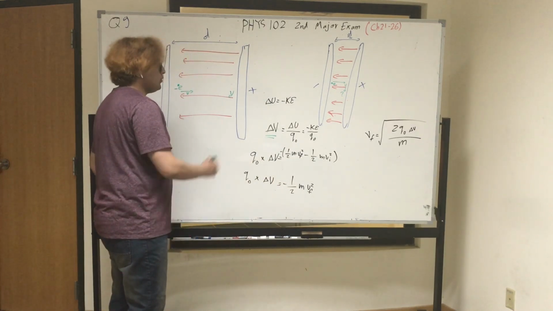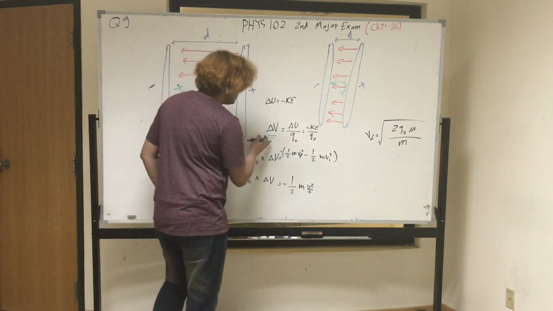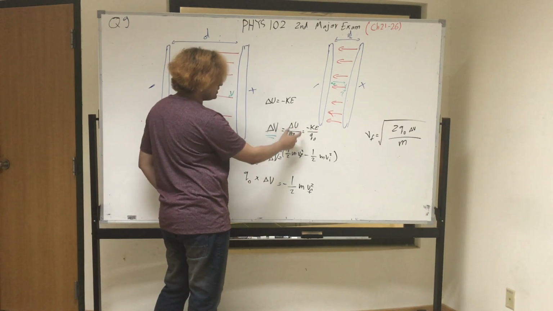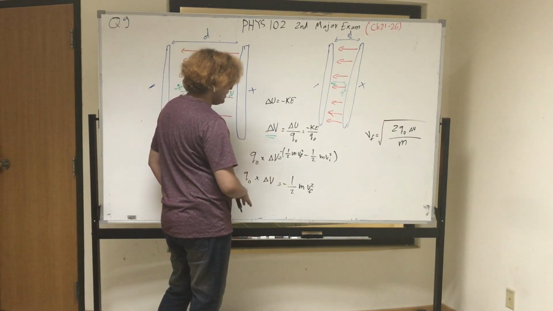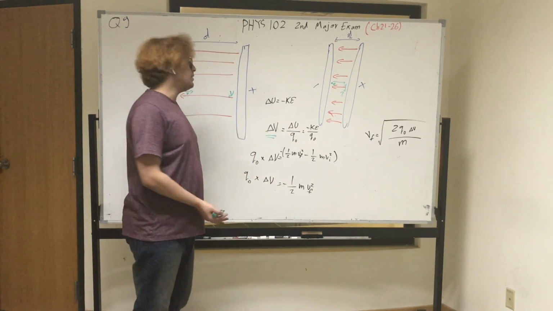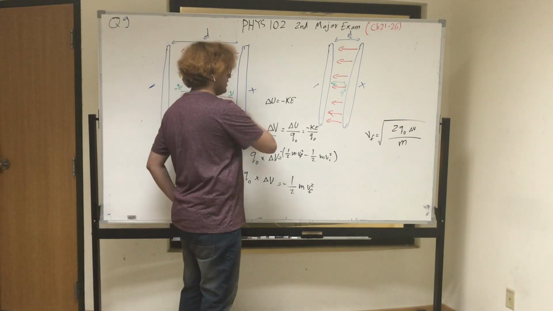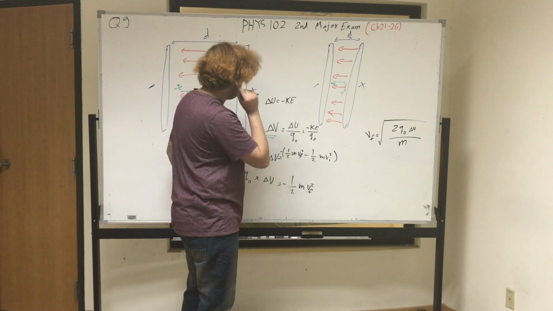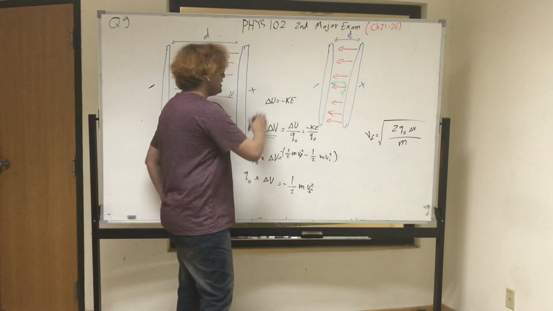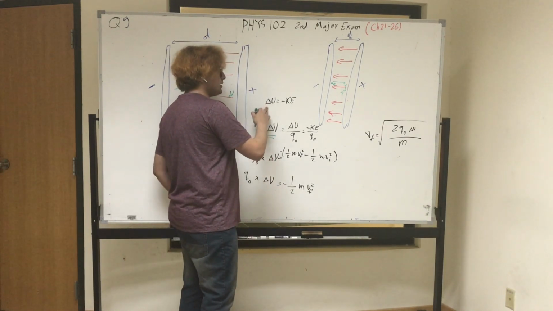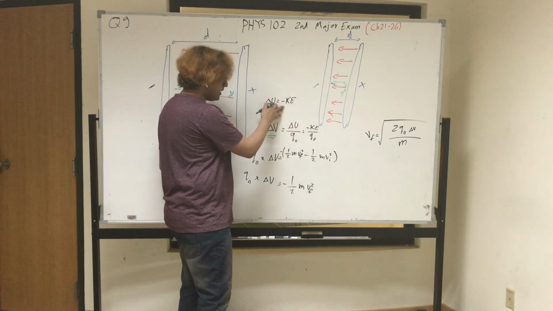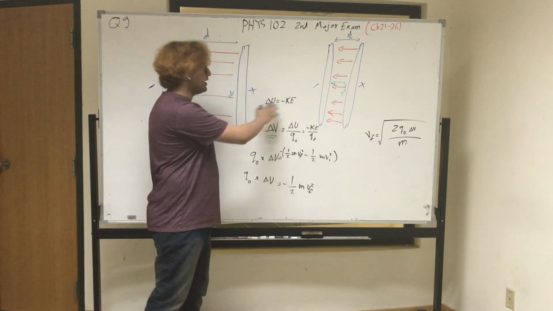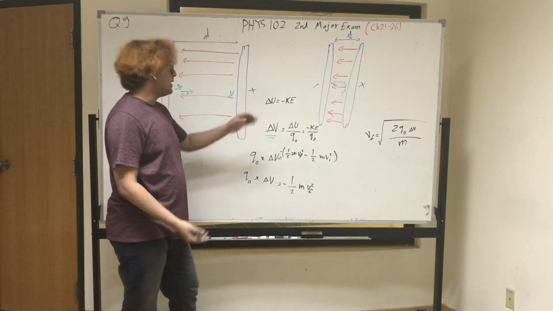Okay, so we know from our equation sheet that the potential difference is equal to the change in potential energy over the charge. And we know from physics 101 that if the system is conserved, or there are no external forces acting in the system, then any change in potential energy must be corresponded with a change in kinetic energy in the opposite direction.